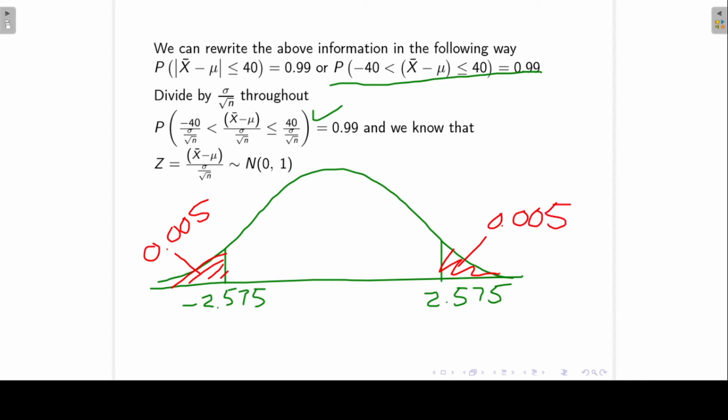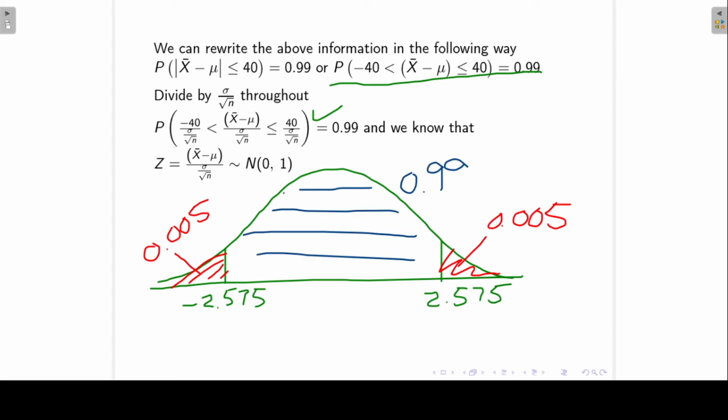So the area in between must be equal to 0.99.